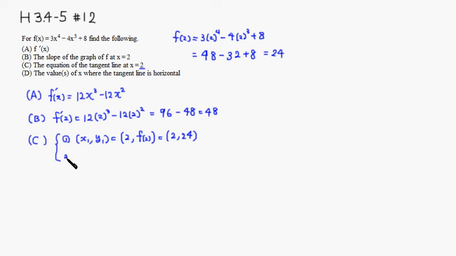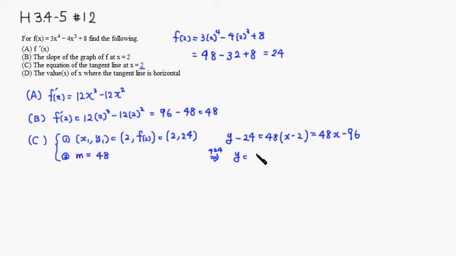Alright, and the second piece of information we need is the slope, but the slope we already found to be 48. So the equation is going to be y minus y1, which is 24, is equal to the slope 48, times the quantity x minus x1, which is 2. I'm going to multiply out, so this is going to be 48x, 48 times negative 2 is negative 96. By adding 24 to both sides, we can isolate y.